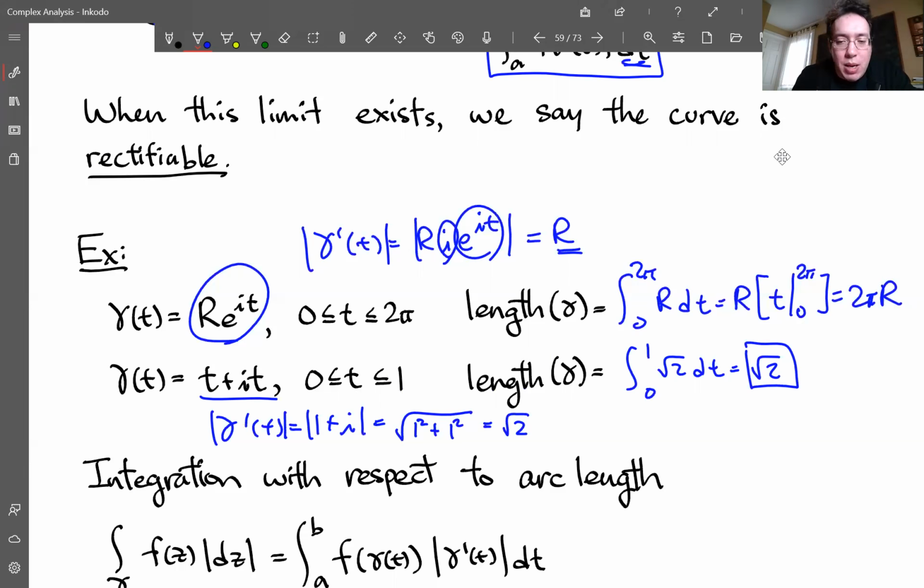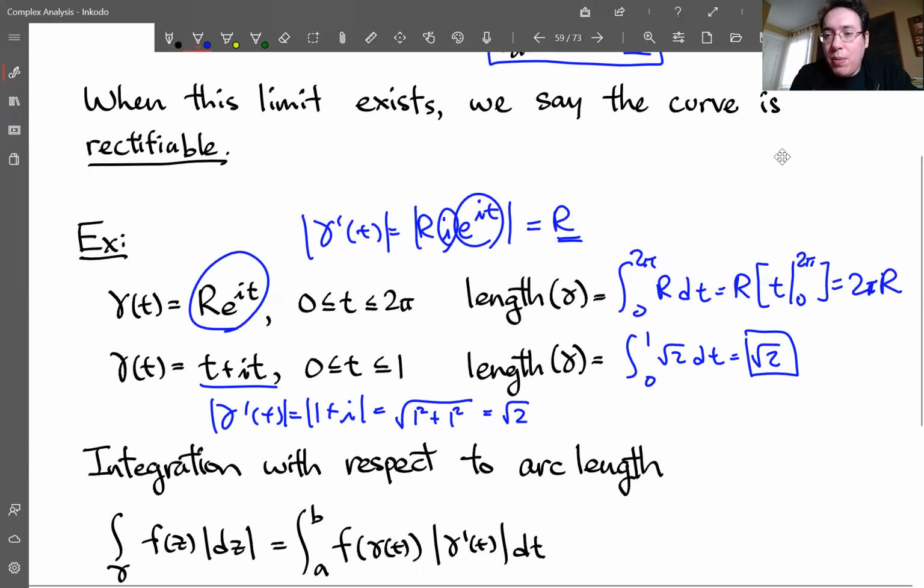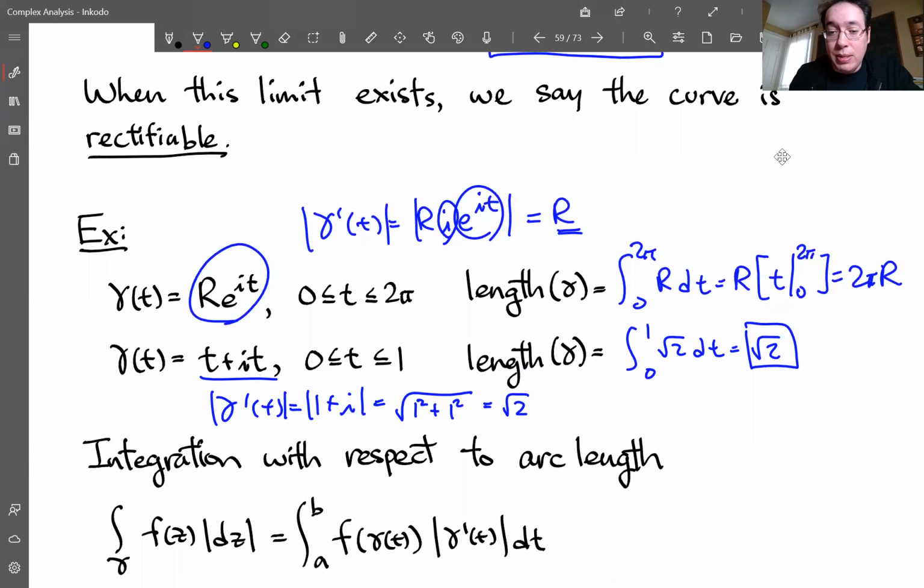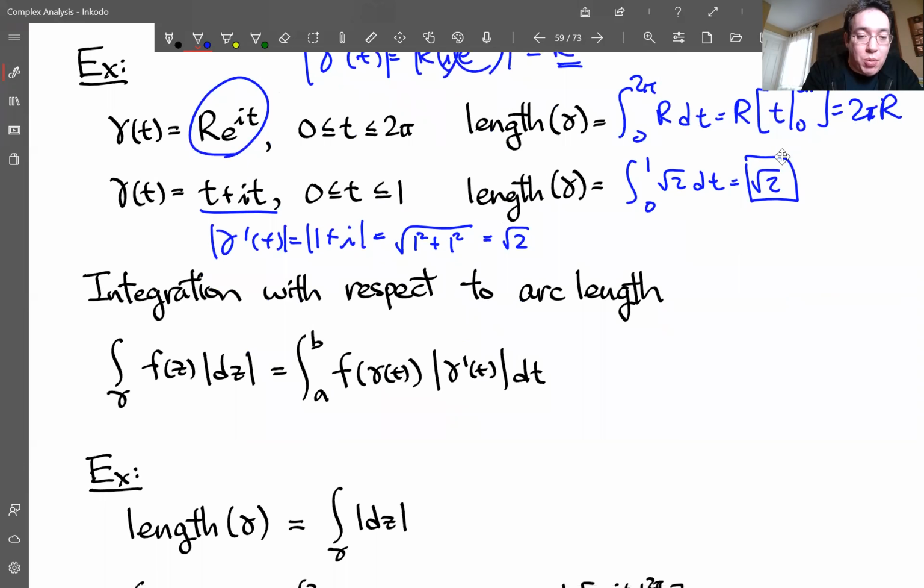Okay. All right. So now I want to move on to something that's building on top of this. I want to define a notion of integration with respect to the arc length itself. This is different from the path integral, but it's similar. We denote integration by arc length by putting the absolute value sign or the magnitude around the dz.